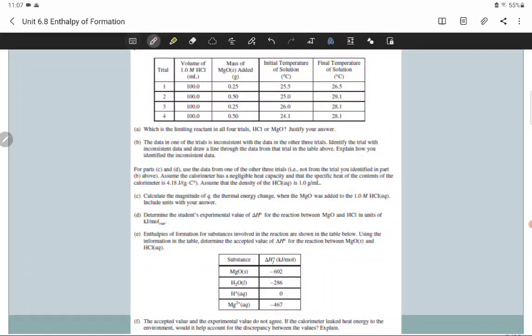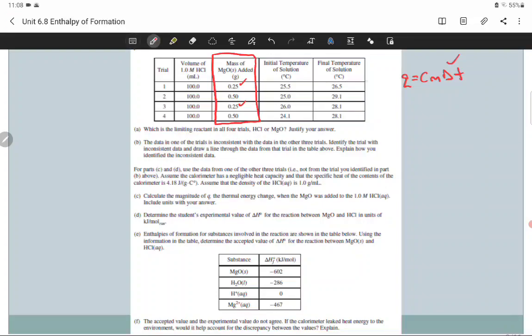Okay, so we've already determined that it's the limiting reactant magnesium oxide, right? So that's going to drive the temperature changes when you're thinking about Q equals Cm delta T. So if you use a little bit of stuff, 0.25 grams, you should get the same exact little bit of delta T. Well, with the first one, you get 25.5 goes up to 26.5.